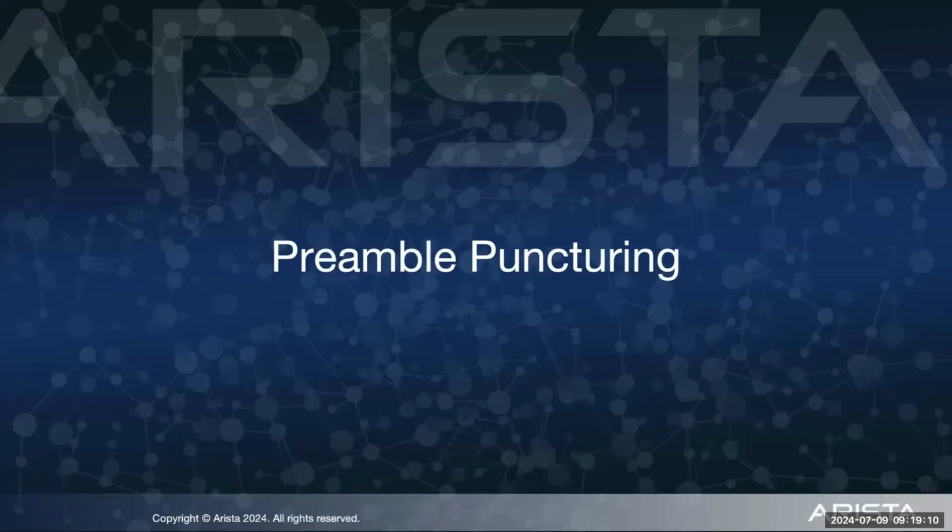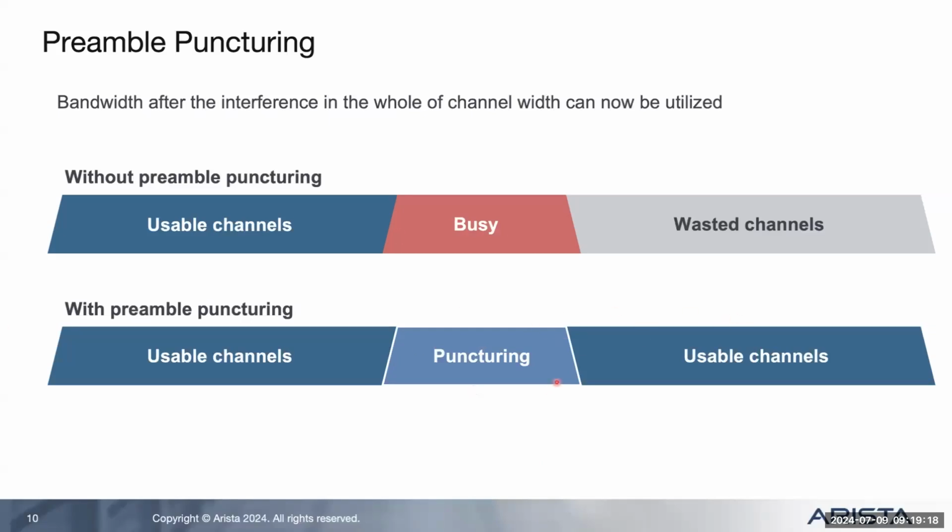Yeah. So now we can move on to the new topic, preamble puncturing. At a very high level, preamble puncturing is a technique used in Wi-Fi communications to improve channel utilization and efficiency in environments with interference. What we see is two scenarios, one without preamble puncturing and one with preamble puncturing. Without preamble puncturing, when a portion of a channel is busy due to interference, the entire channel width may be considered unused, leading to wasted bandwidth.